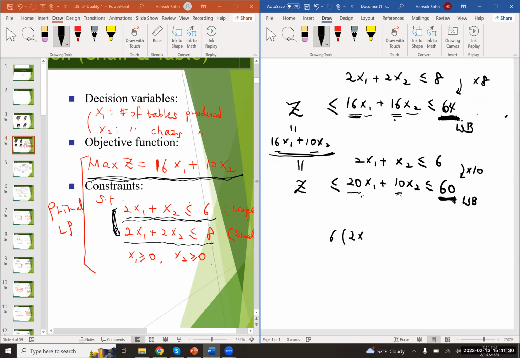Our first constraint, 2x1 plus x2, less than or equal to 6 times 6, right? And then also multiply the second constraint by 2. So 2 times our second constraint, 2x1 plus 2x2, less than or equal to 2 times 8. Okay. And then we are going to add these.